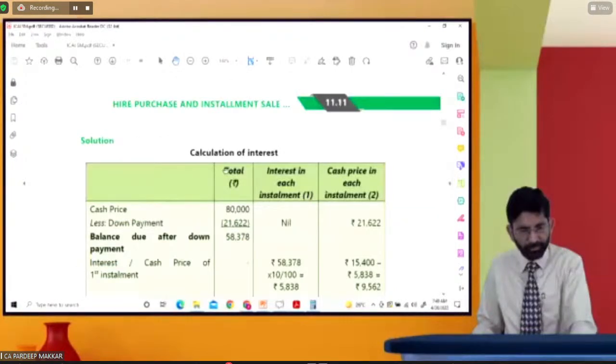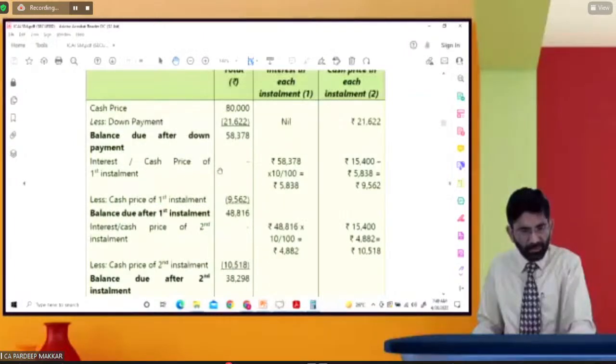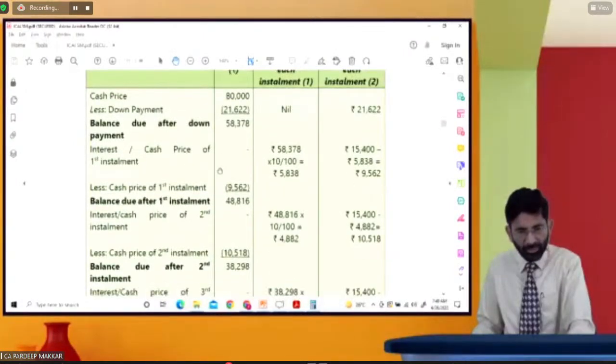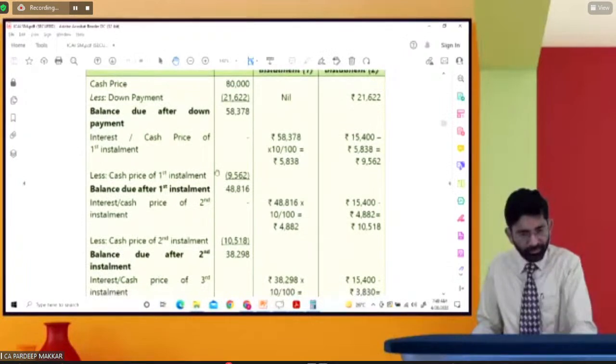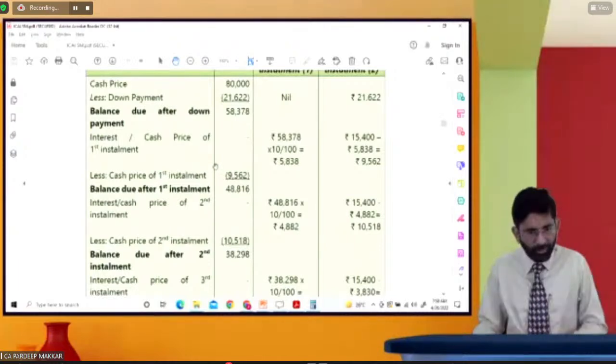Down payment is deducted. Very good. And then interest is calculated on the outstanding balance of cash price at 10%. Okay, very good. 5838. Down payment is given to you.